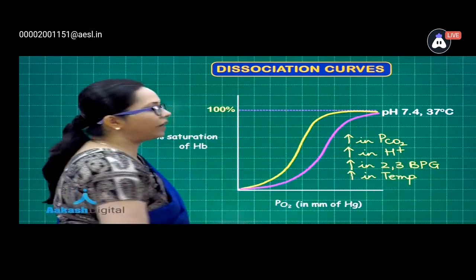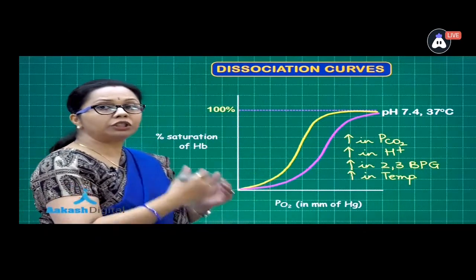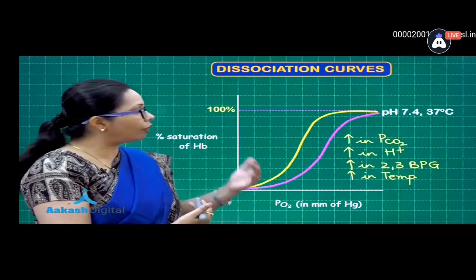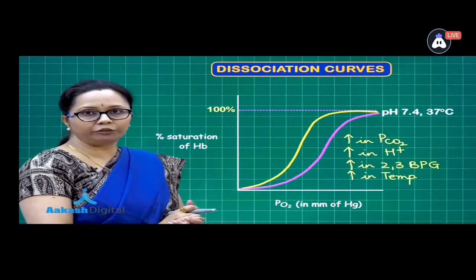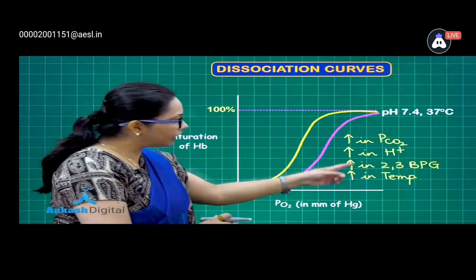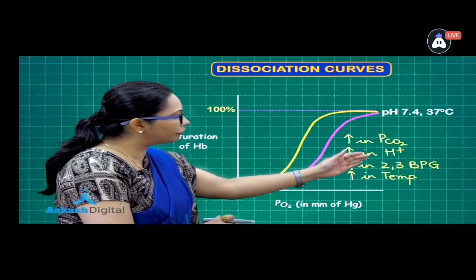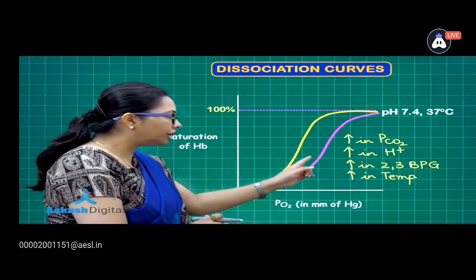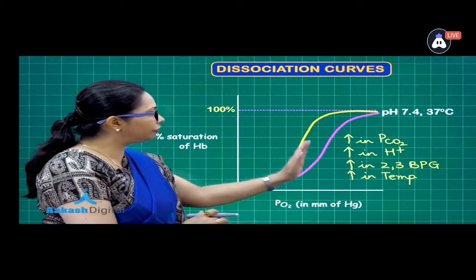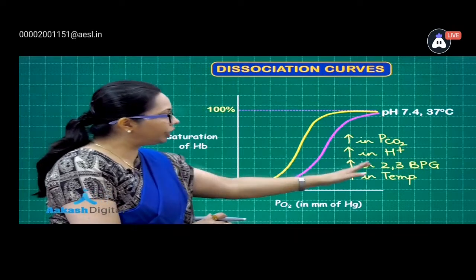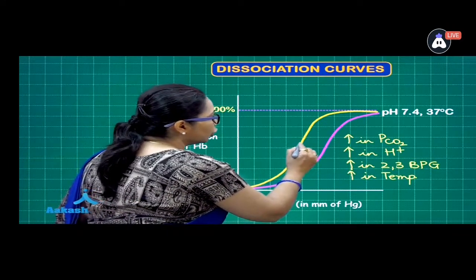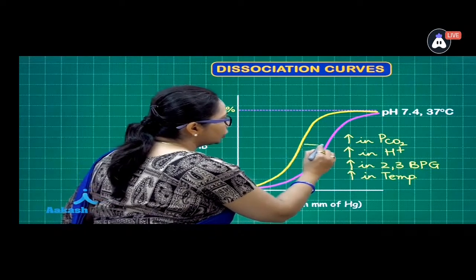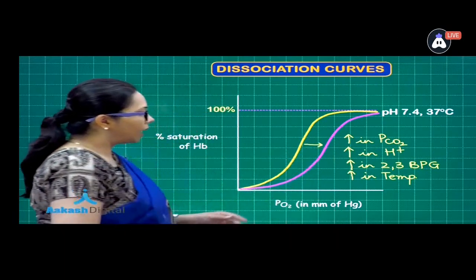So any of these factors will augment the release of oxygen from hemoglobin, or we can say there will be dissociation of oxyhemoglobin. If these factors are reversed, this oxyhemoglobin dissociation curve will be shifting towards left, and these factors are causing the shifting towards right. So this was our original curve and this is shifting towards right.